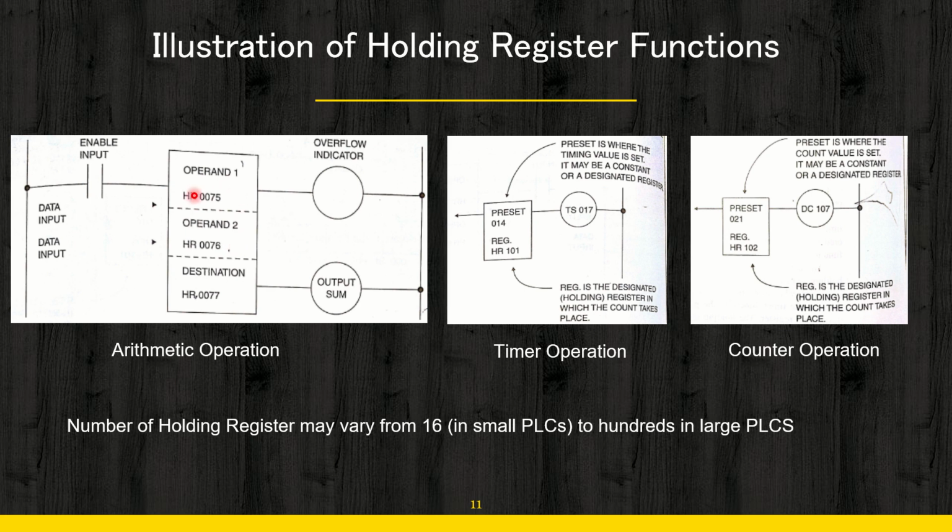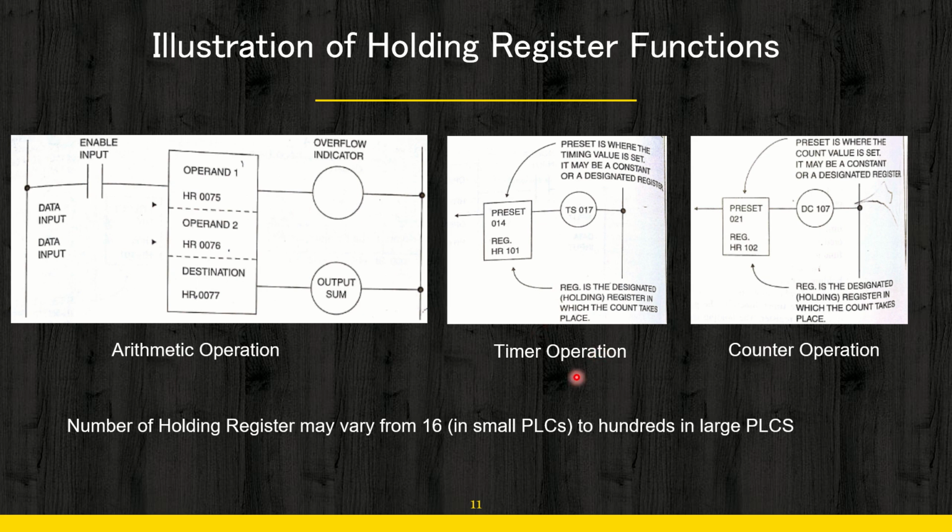And whenever the operation is done, it can be any mathematical operation, the result will be located in the destination register, which has the address holding register 0077. In this particular case, this is an addition operation, and therefore this is the output sum, and here is the overflow indicator. Overflow indicator is definitely part of any mathematical operation in any processor.